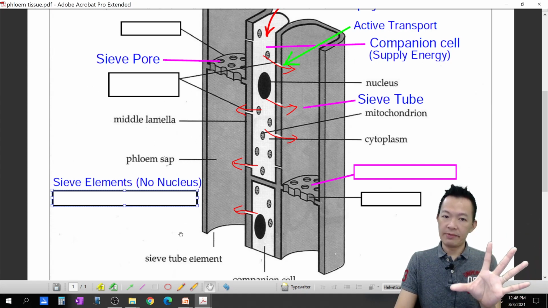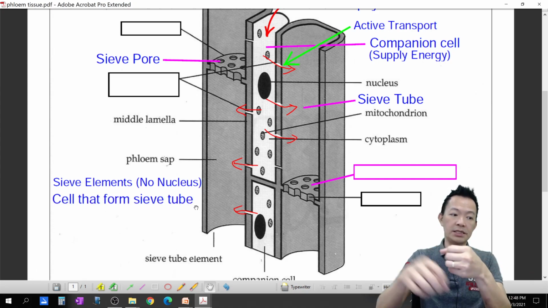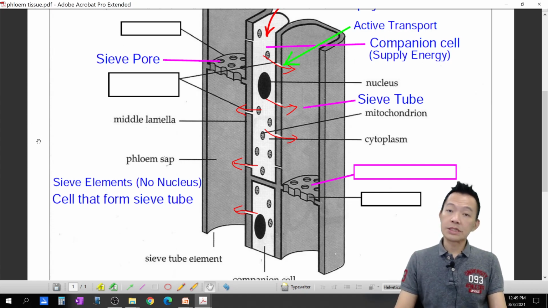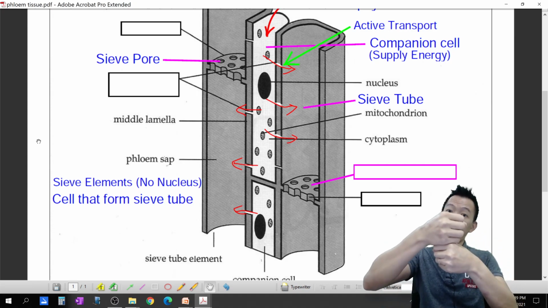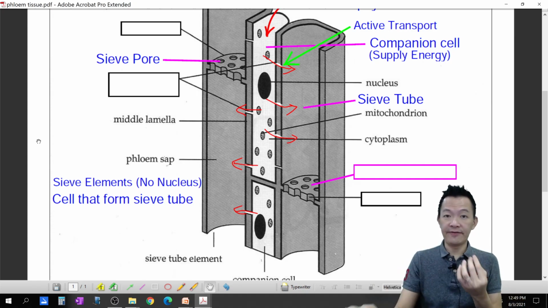The sieve elements are cells without a nucleus, no ribosome, and no vacuole. The sieve elements are the cells that form the sieve tubes. They join together and become the tube, called the sieve tube.